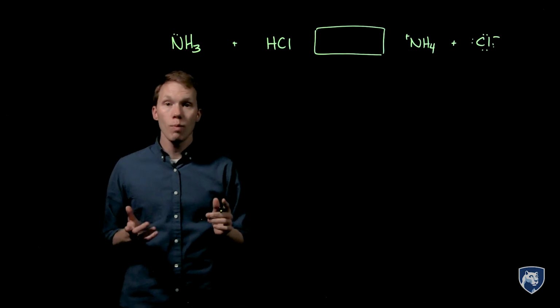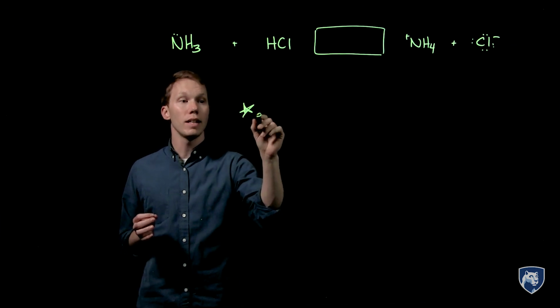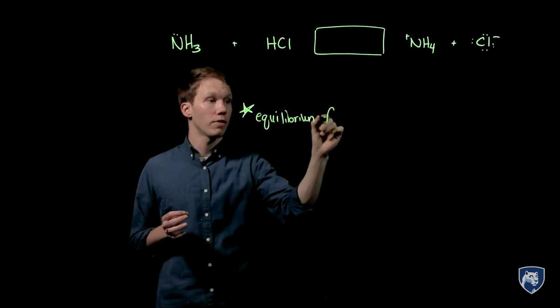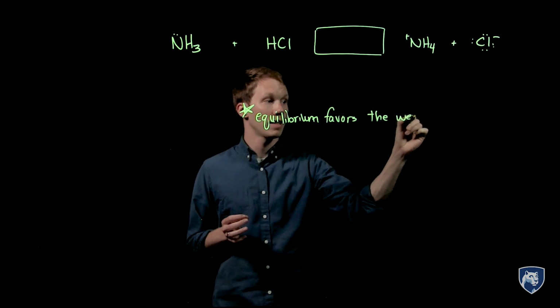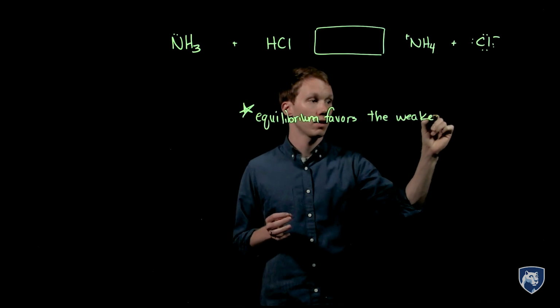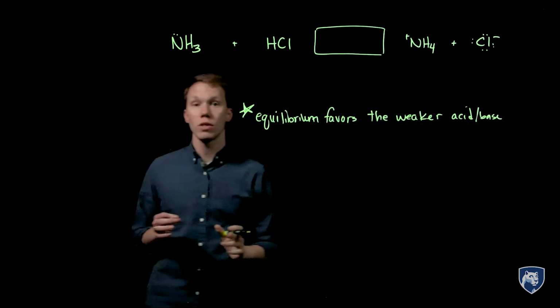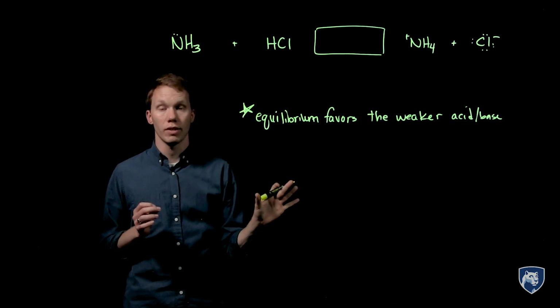And the takeaway from this, though, is that the equilibrium favors the weaker acid, weaker base. Okay, so all we have to do is identify the weaker acid or the weaker base, and we know what side is favored, right?